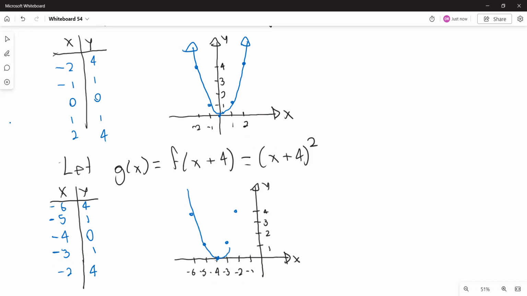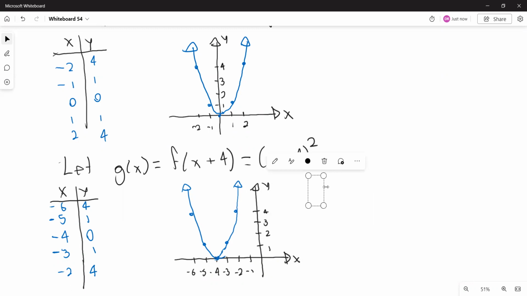I'm trying to plot this. Sometimes this is challenging, but there it is. Let's try to erase this little one. If you observe the graph, it's the same as the graph of x squared, but it was shifted 4 units to the left.